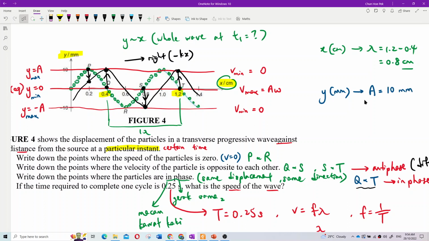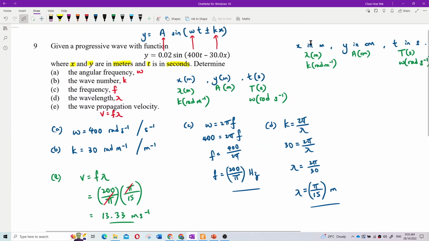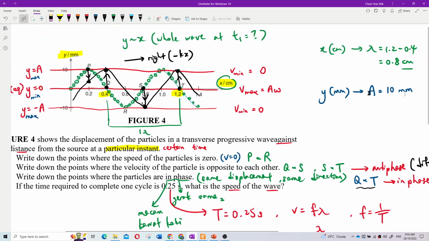Amplitude bergantung pada Y. Lambda bergantung pada X. Lambda depends on unit X. Amplitude depends on unit Y.